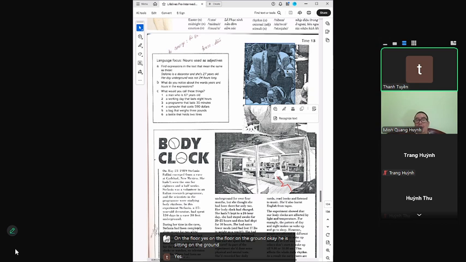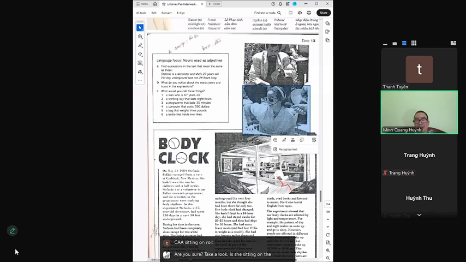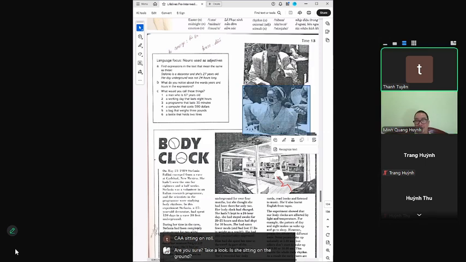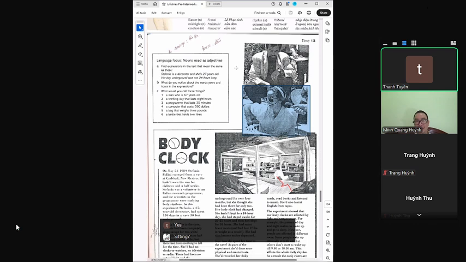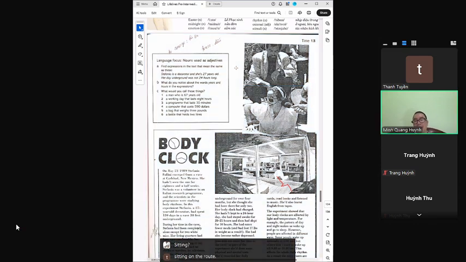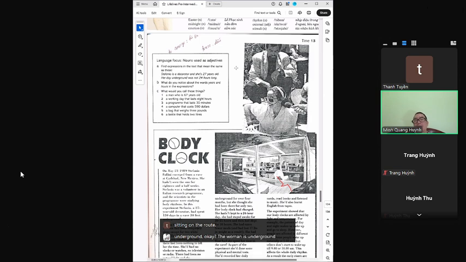Alright? What is the woman doing? Is she also sitting on the ground? She is sitting on the floor. Are you sure? Take a look. Is she sitting on the ground? Sitting underground. Okay, the woman is actually underground.